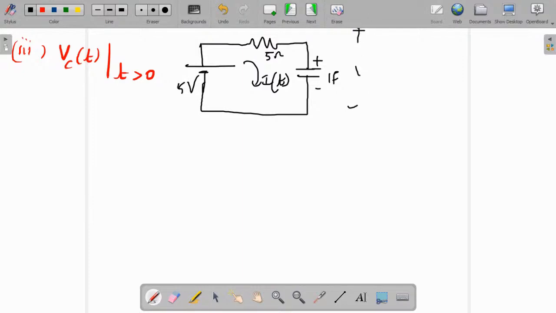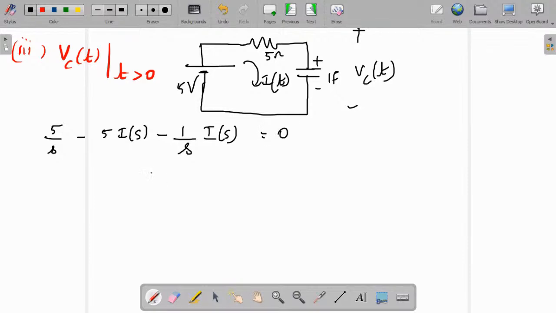Let's say across this we have Vc of t. Now taking Laplace transform, what do we get? 5 by s minus 5 into I of s minus, since there is a capacitor, I of s by s into capacitance value 1 farad, which is equal to 0. So taking I of s, you get 1 by s plus 1 by 5. Okay, so what is I of t?